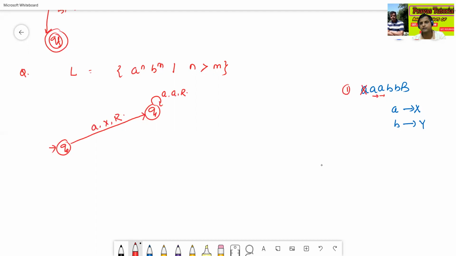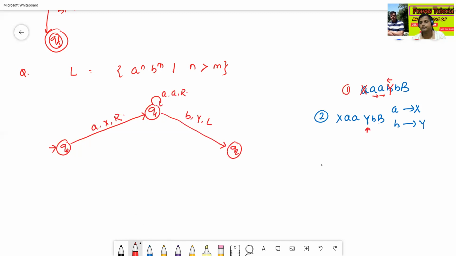When Q1 reads B, it writes Y and moves towards left, and goes to Q2. So my string looks like X, A, Y, B, blank. My pointer is here.